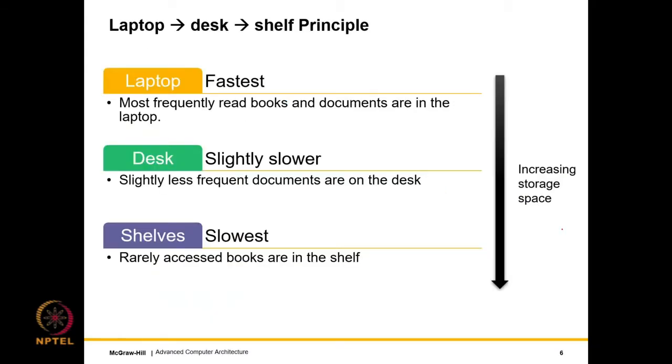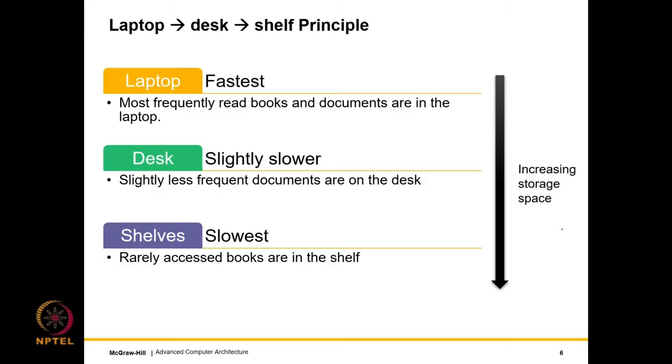So we are in a position to make a laptop, desk, shelf principle. The laptop is the fastest, so the most frequently read books and documents are in the laptop. The desk is comparatively slightly slower, so slightly less frequently accessed documents are on the desk, but it clearly has more storage space. Well, again, that's not clear, this is just an analogy. But you can have, let's say, 10 more laptops on the desk, which will give you more storage space.